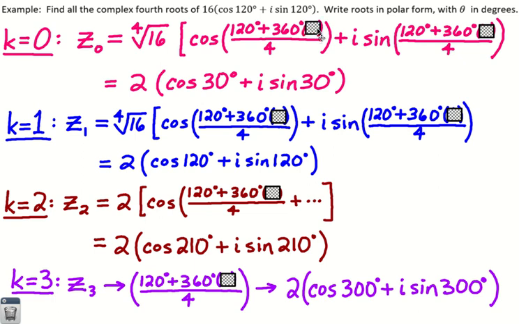So what are we plugging in here? Well, for this one, 0. And so the fourth root of 16, there's probably a way to do that on your calculator with the radical symbol, where you can do a different kind of root for a number.